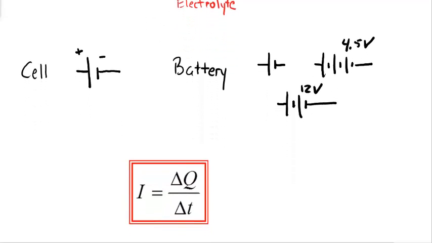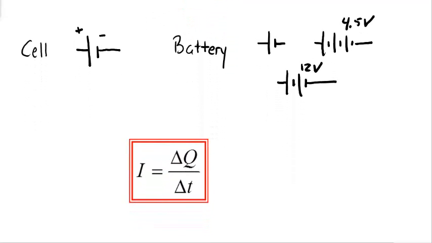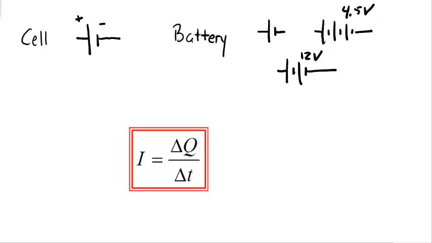Now the cells will provide a current for our circuit. So the current is how many charges go by per second. And one analogy that I'll use in this unit a little bit is that of a river. They're not the same. There are some big differences between the two. But just to be able to visualize it a little bit better, if you stand by the side of the river and you imagine every drop of water going by as charges, then the more drops of water going by tends to mean that it's going by faster.